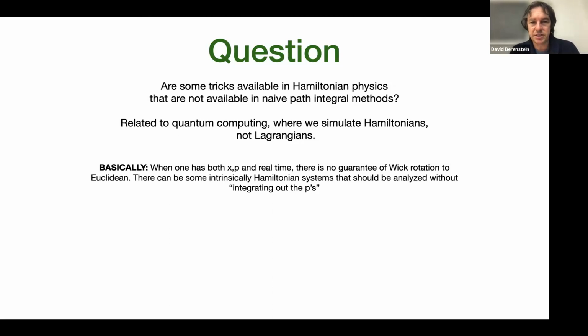Basically, the question is, if you have both x and p in real time, there's not usually a guarantee that you can Wick rotate it to the Euclidean signature. So this is really about whether there's something about real time that cannot be done in Euclidean time. And there can be some intrinsically Hamiltonian systems that should be analyzed without integrating out the p's. And this is what this is really about.